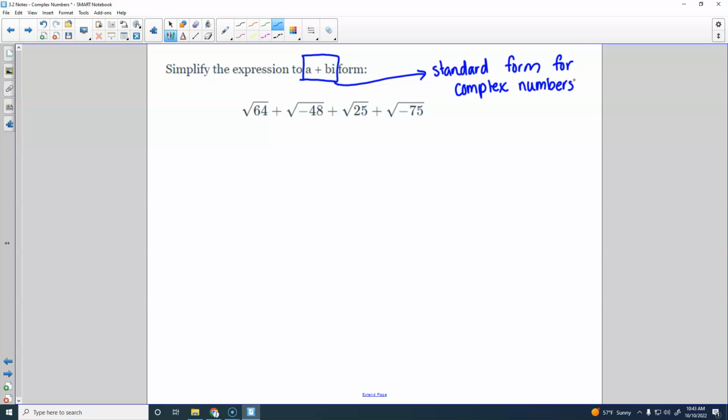So complex numbers are numbers that have a real part, which is your a, just your whole number there, and have an imaginary part, so a number multiplied by the i.